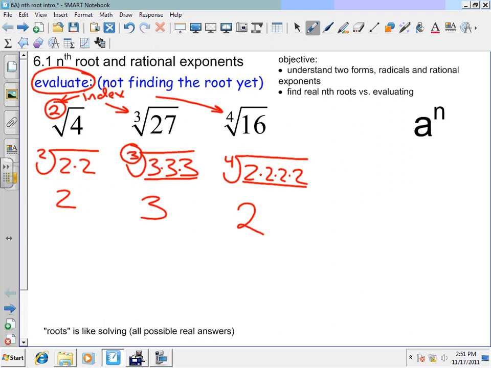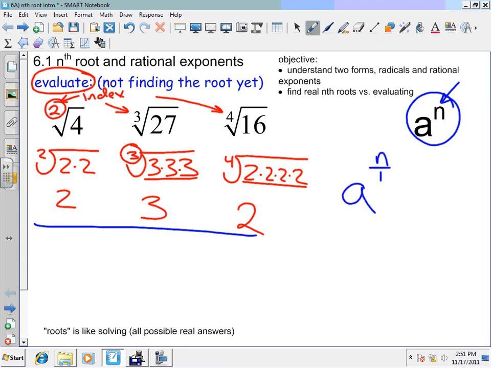Okay. Well, we want to focus on two things. How do we show this as a radical, and how do we show it as an exponent? So what we have here is this. Let's look over here at a to the n power. Well, we can take a look at the n, and let's say that we show that as a fraction. So if we had a normal exponent, you have a to the n power. Now again, we could put it over 1, and nothing's changed. But let's say this 1 was something different.